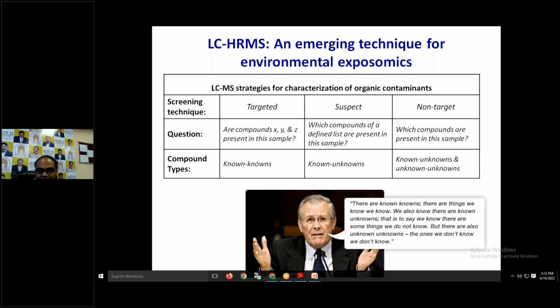Non-targeted is known unknowns and unknown unknowns, meaning sometimes we don't know what unknowns are also present. That is the main objective of non-target. This comes under exposomics: how to identify and estimate the exposomics by using liquid chromatography high resolution mass spectroscopy, LC-HRMS.